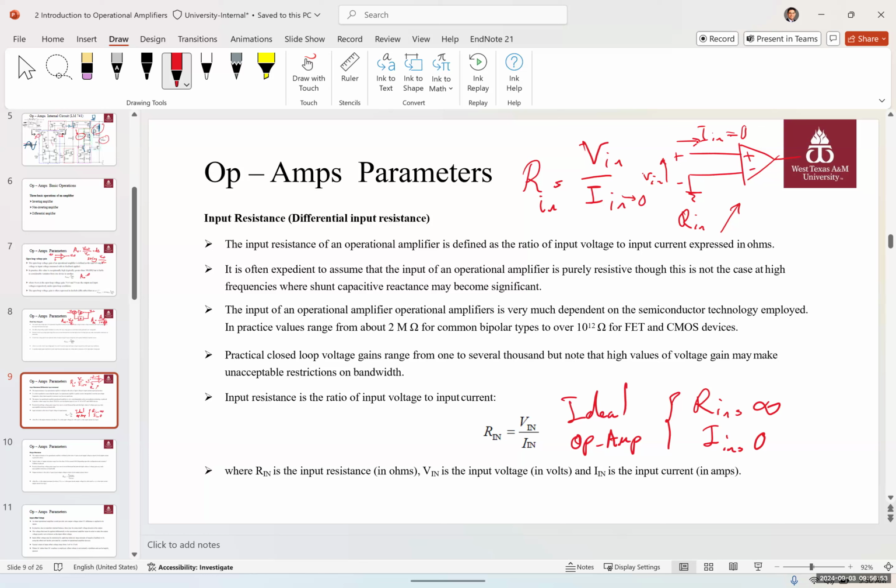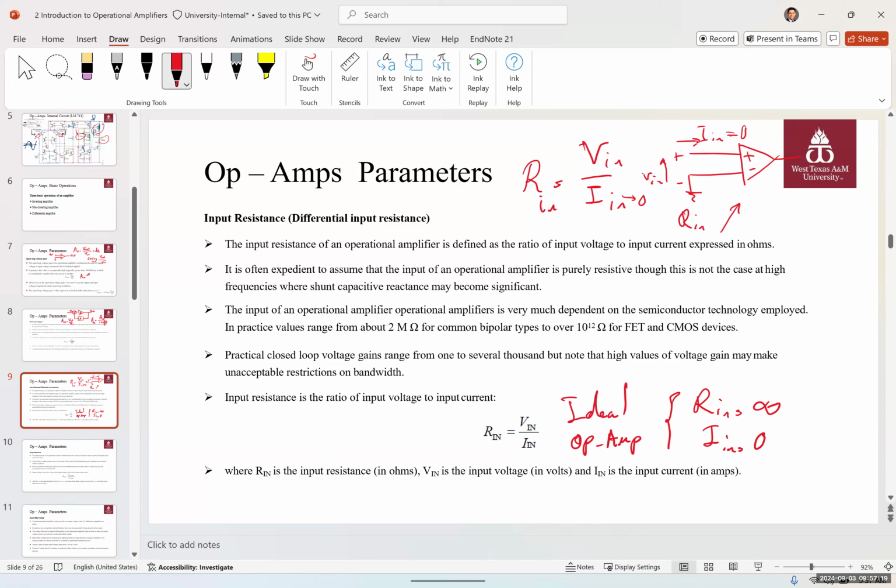Usually the input resistance is from several mega ohms to over giga and tera ohms. So pretty high resistance. Mega ohms for a common bipolar system, and for CMOS or FET, it's in the range of thousands of mega ohms or giga ohms. So very, very high, almost infinite, you could say.